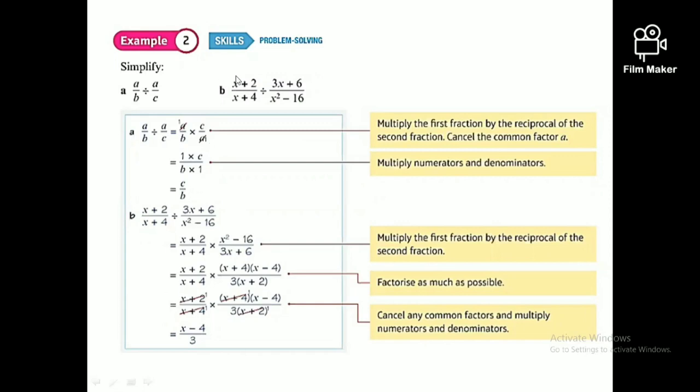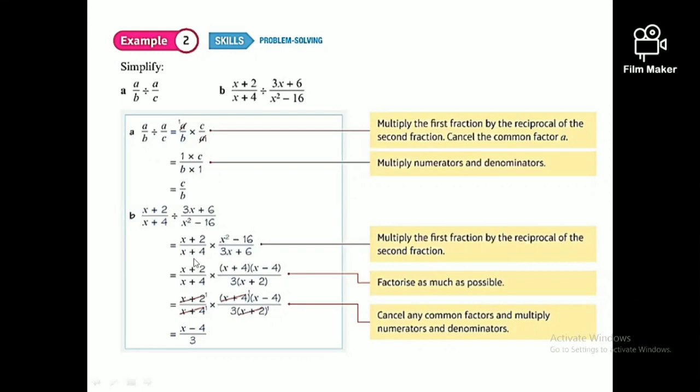If you come across this fraction, x plus 2 divided by x plus 4, divided by 3x plus 6 divided by x squared minus 16, now let's see what you can do. Initially, you can make it a multiplication and take the reciprocal. You can bring this x squared minus 16 up and 3x plus 6 down, right?